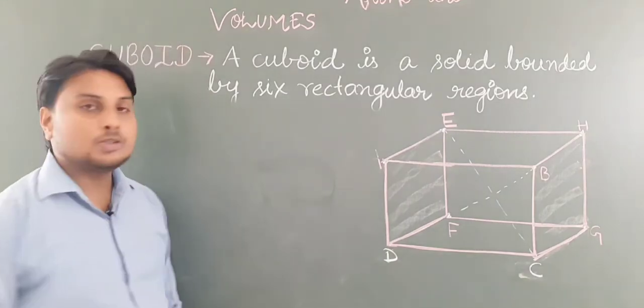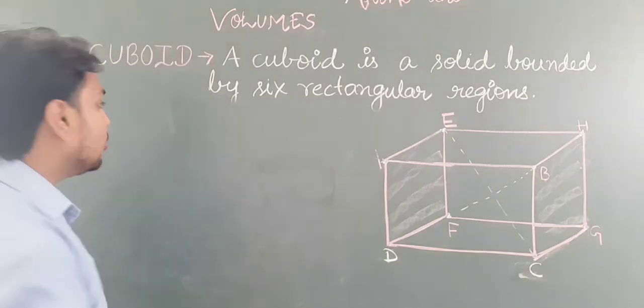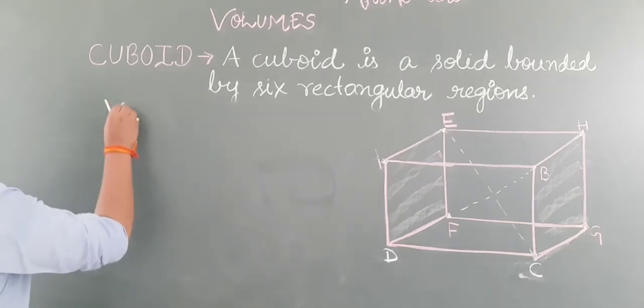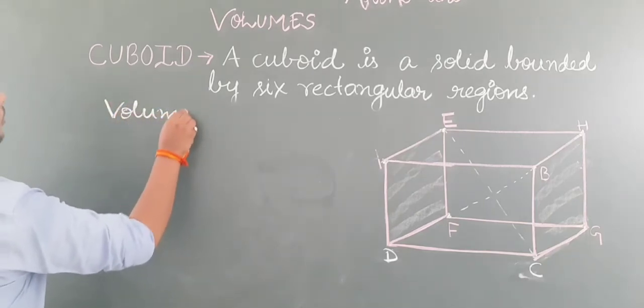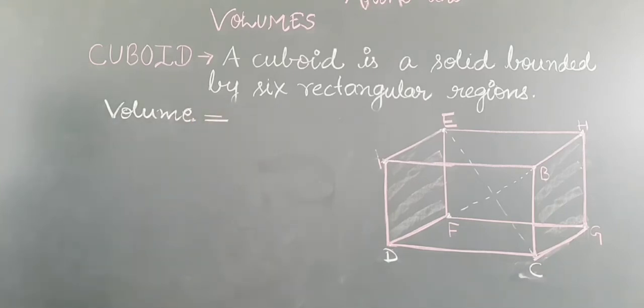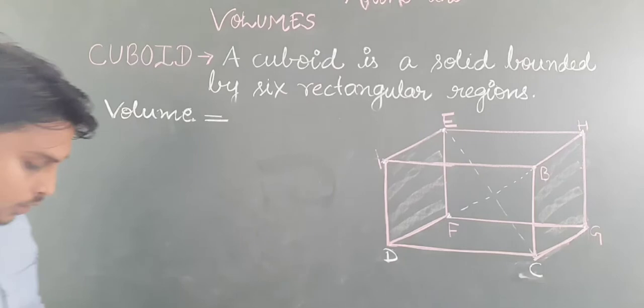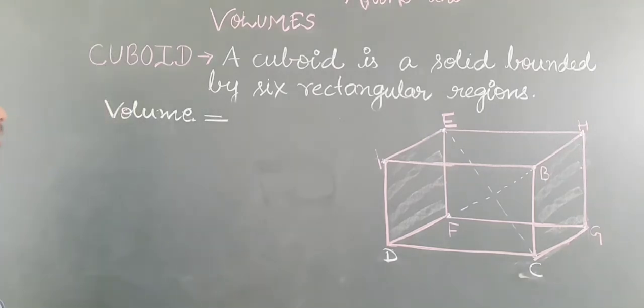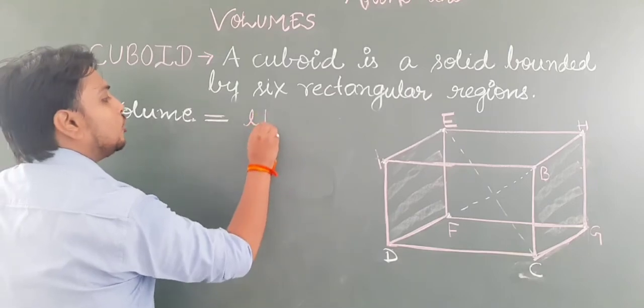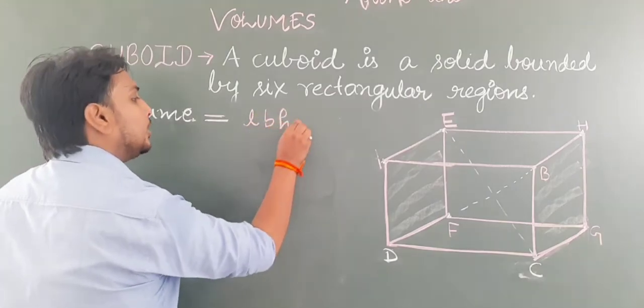So what do we have to study about the cuboid? We have to see what the volume of the cuboid will be. Volume of a cuboid is length into breadth into height.